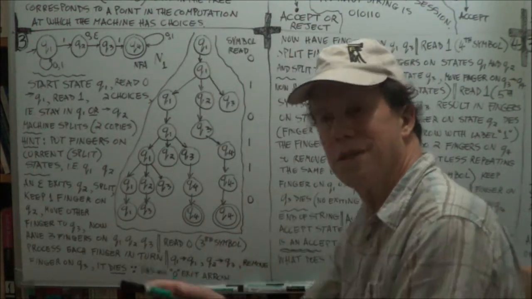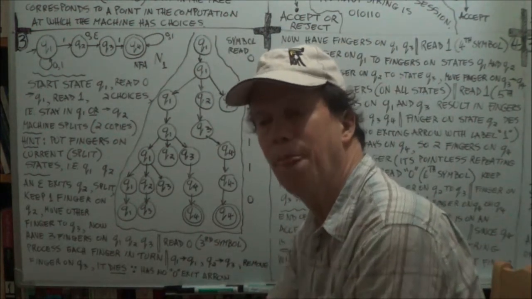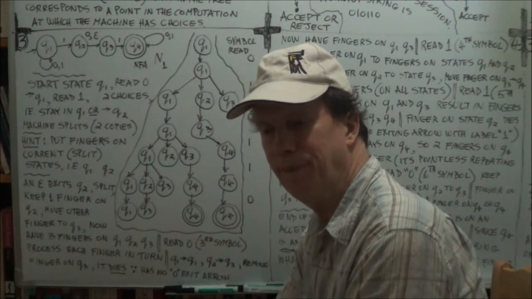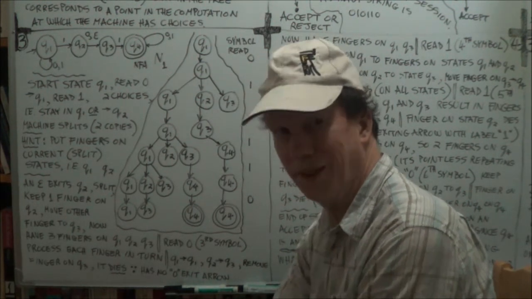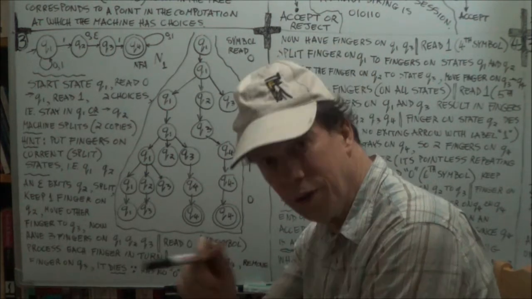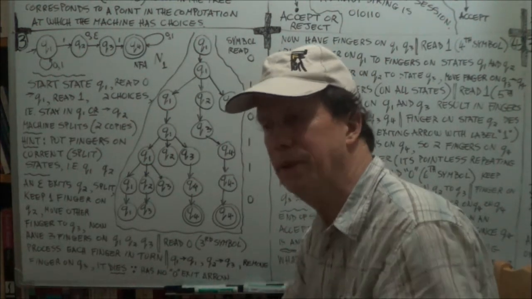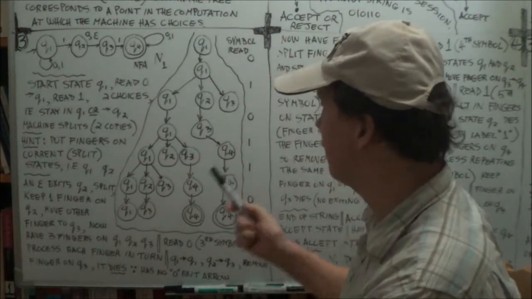In two more sessions, I'll give you a concrete example of an equivalent DFA, and you'll see just how much more complicated it is than its corresponding NFA. But I'm jumping ahead a little.